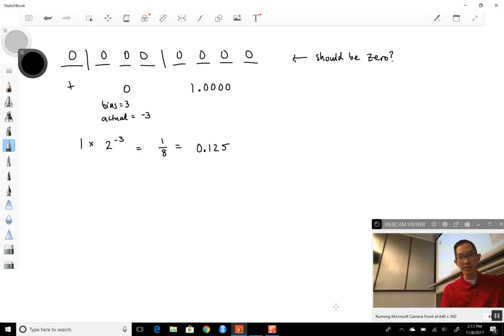And we have a new set of rules for what happens when the exponents are all 0. If the exponent is all 0, we have what's called a denormalized number.